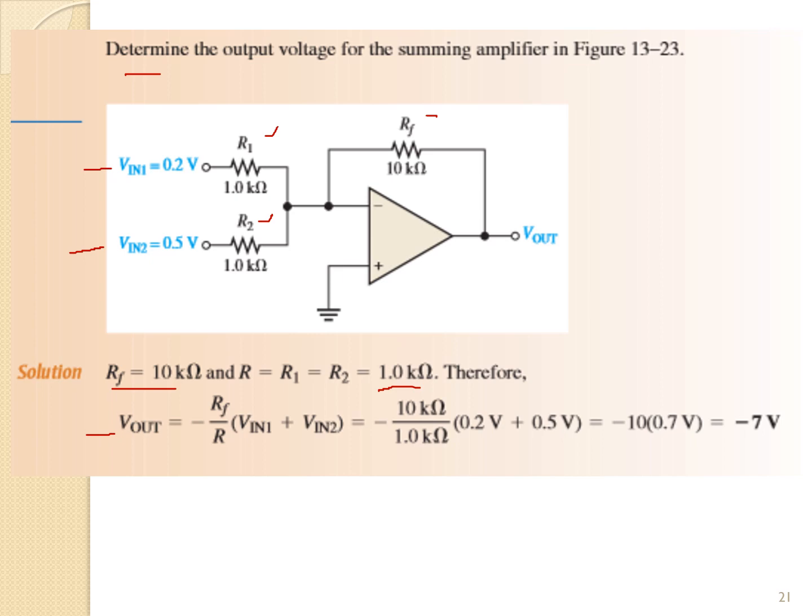Therefore, V out is equal to negative RF over R times V in 1 plus V in 2. Substitute all the values in the equation, so we will get V out is equal to negative 7 volt.